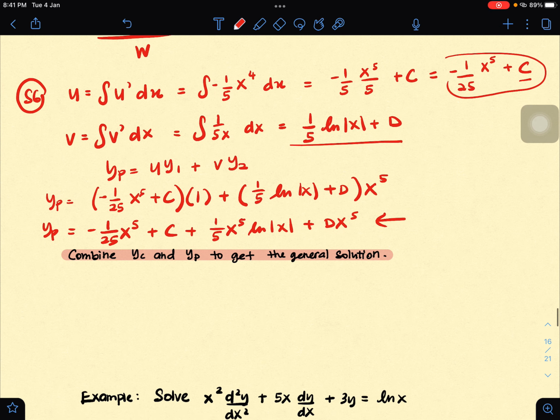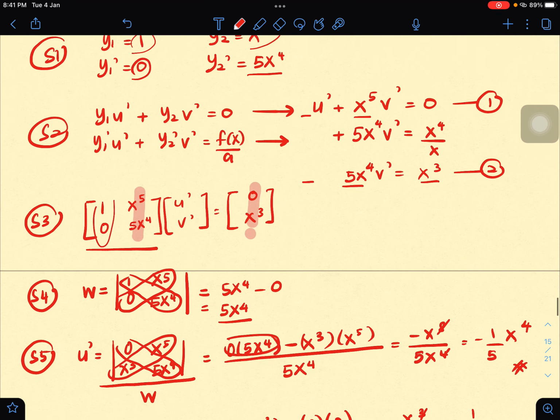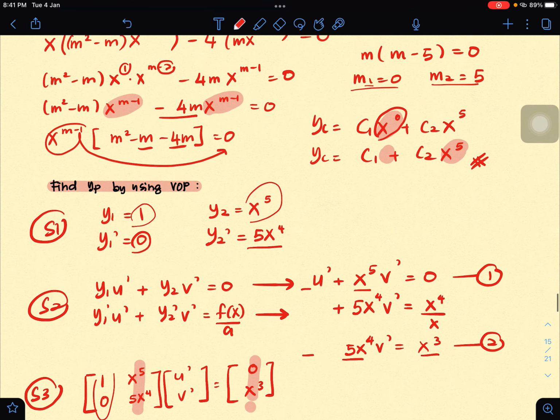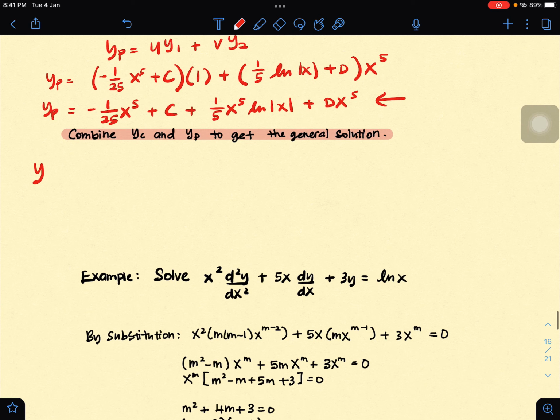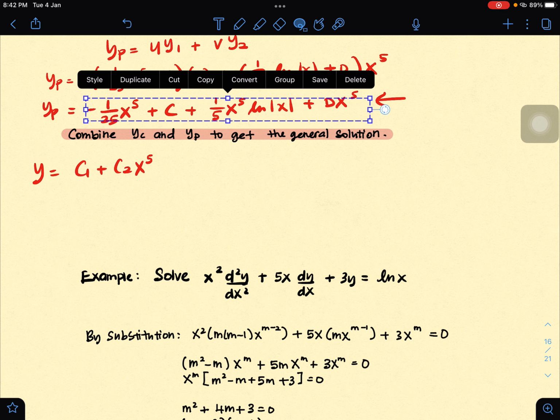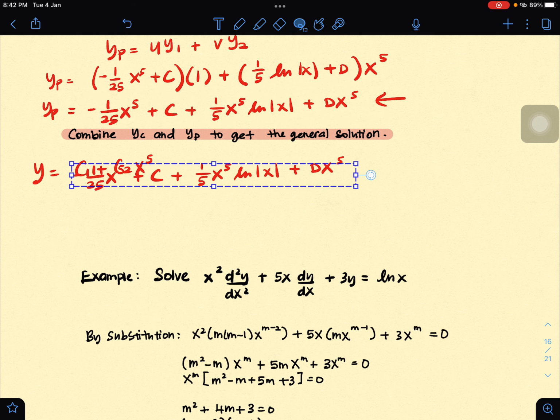You can find your y by combining your yc and your yp. Just now we have our yc equal to c1 plus c2 x5. Okay, so y equal to c1 plus c2 x to the power of 5 plus with your yp is all this one. Okay, so we just need to copy and bring everything here.